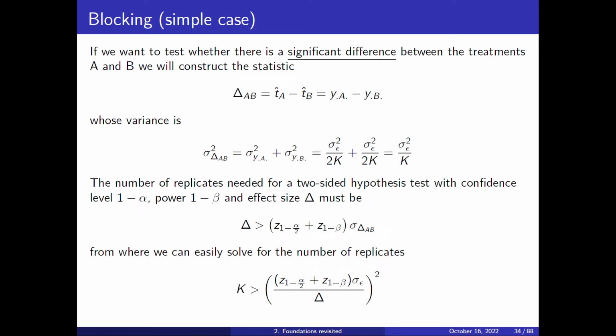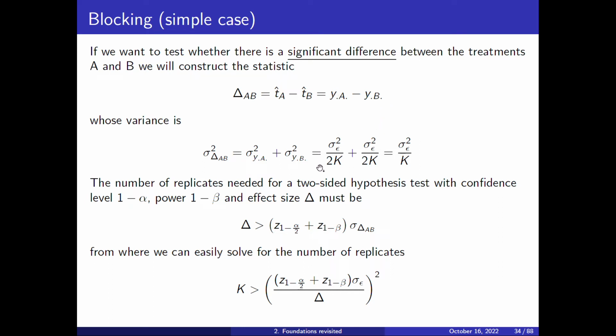And if you want to test whether there is a significant difference between the treatments, you will compute this difference, which is the same as making this subtraction between the mean of group A and the mean of group B, and then the variance of this is the variance of this one plus the variance of this one.